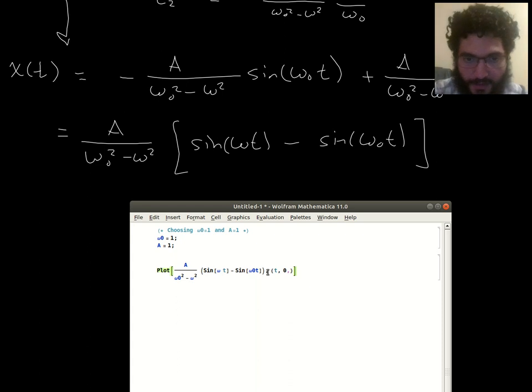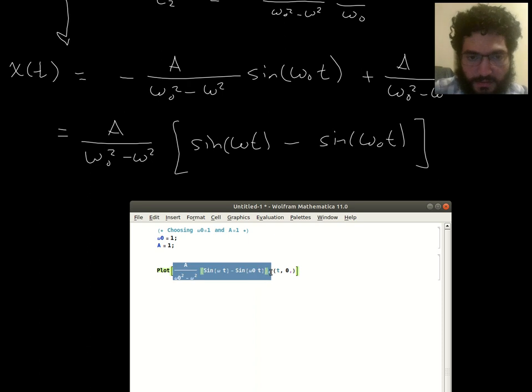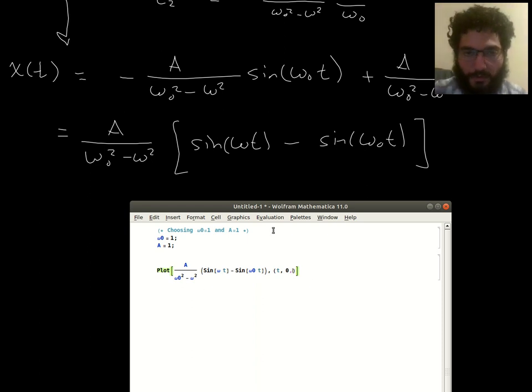Okay, so I've typed in here the function. It looks like I forgot a space there. This is the function, and I'm thinking how far to run time. How about we run time for 2 periods with respect to the natural frequency. I think 1 period would be 2 pi over omega naught, so let me run 2 periods, so 4 pi over omega naught.